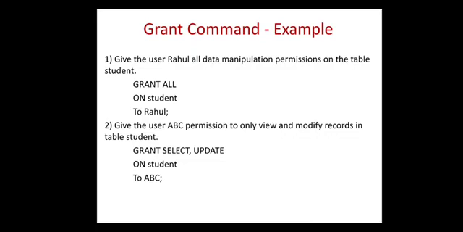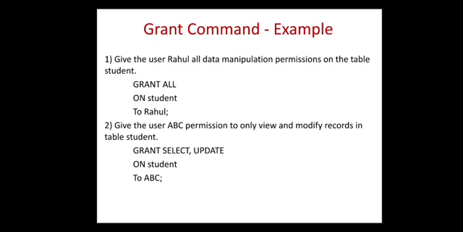Now we will see examples of the grant command. For example, give the user Rahul all data manipulation permissions on the table student. In this statement, the user name is Rahul, the object privileges mentioned are all, and the table name or object name is student. Now we can put these words into our syntax.